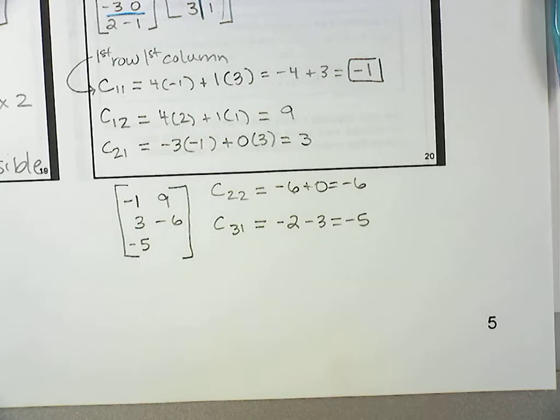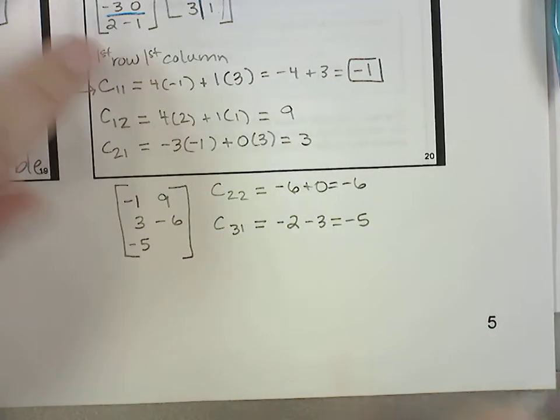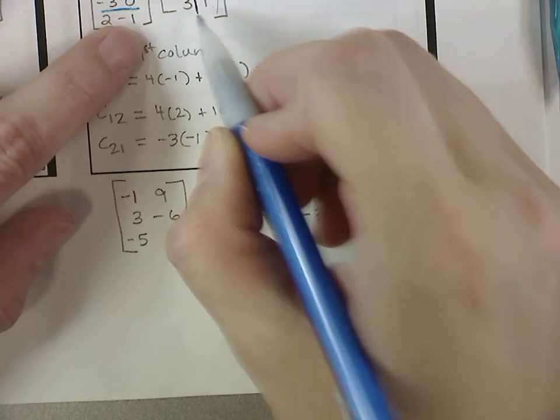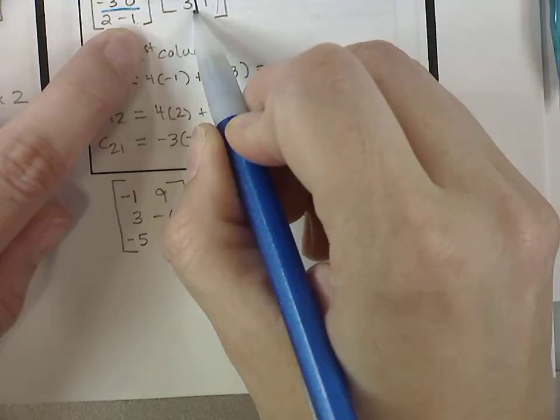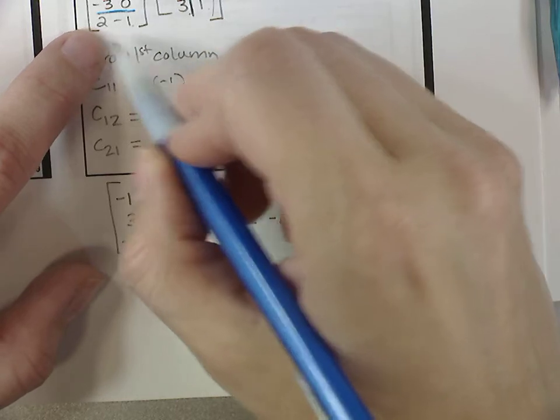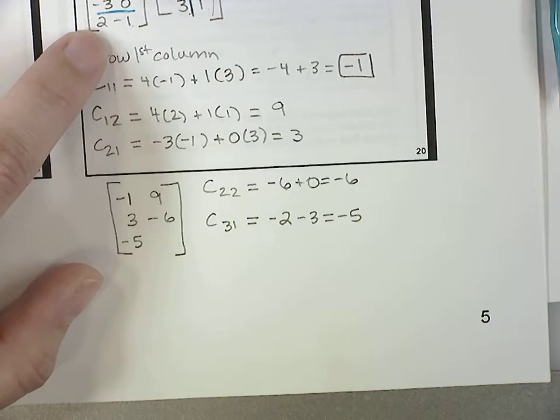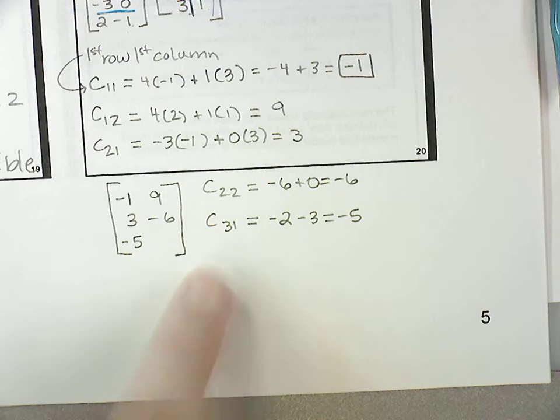Yep, so you did 2 times negative 1, and then negative 1 times 3. So you won't distribute, you'll just multiply, so it'll be 2 times negative 1 plus negative 1 times 3.